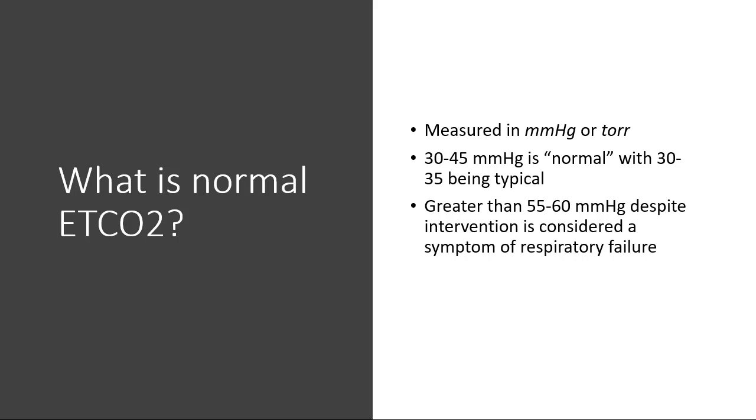Now, a key point I want to make is that, generally speaking, if everything else is properly placed, an End-Tidal CO2 greater than 55 to 60 millimeters of mercury despite intervention, so not when you first put it on, but despite intervention, when you have your tube in place, or when you've given your bronchodilator and you're giving some supplemental oxygen and their blood pressure is increased, if you still have End-Tidal CO2 greater than 55 or 60, that's a huge red flag for respiratory failure. Huge red flag.